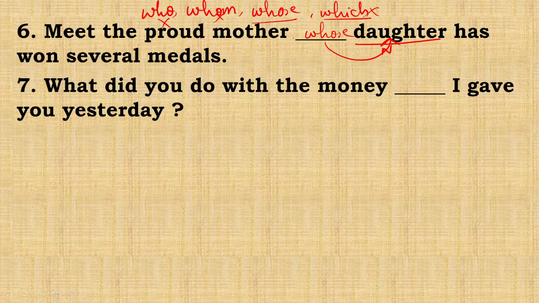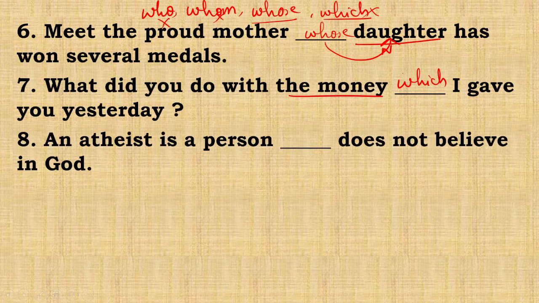Okay. Next. What did you do with the money dash I gave you yesterday? The money dash I gave you yesterday. We are speaking about money, so we cannot use person-related words. Now, whose I gave you yesterday or which I gave you yesterday? Your answer must be which, because money is non-living. Whose cannot be used. Money doesn't have any relation. Next.